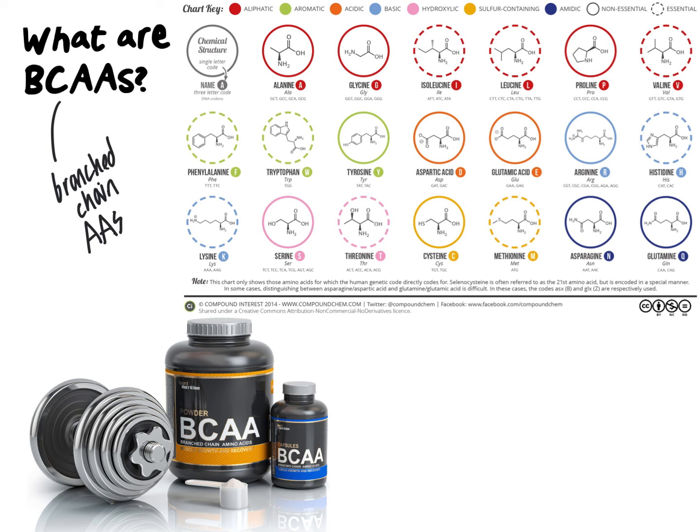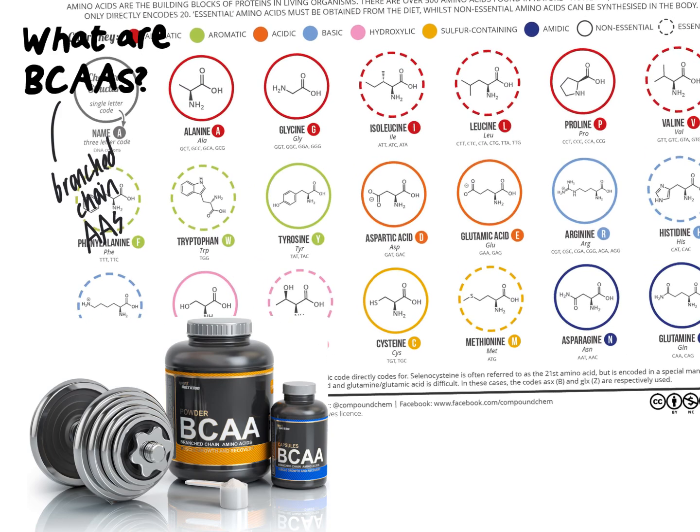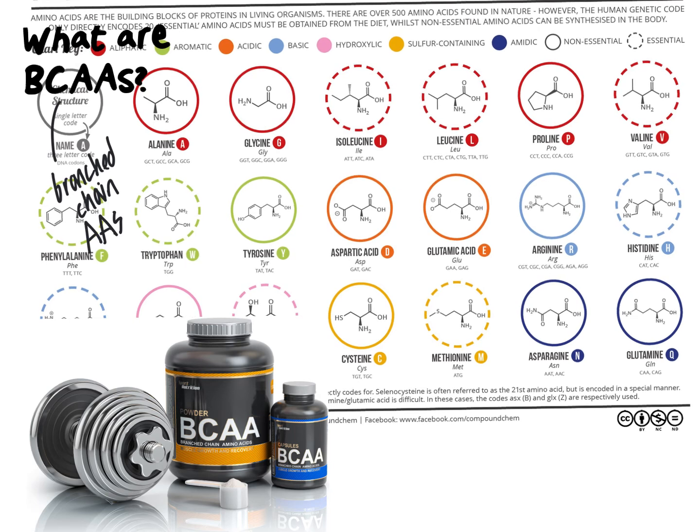Remember that when we were doing IUPAC nomenclature previously, we looked at branches as one of the features that are common in molecules, and taking a look at our chart here of amino acids and trying to pick out the branched chain amino acids out of this, or at least evaluating some of them.